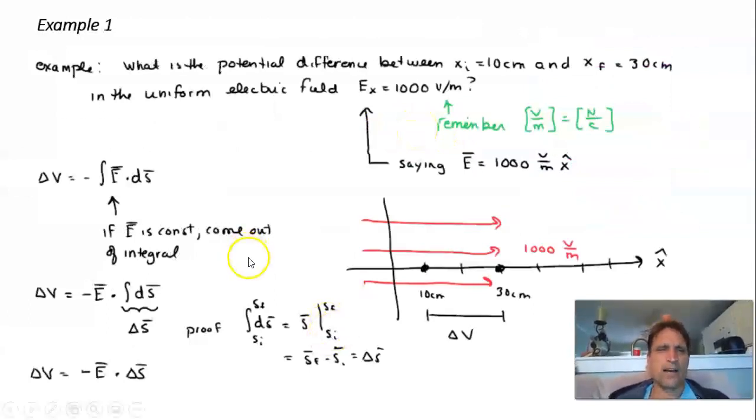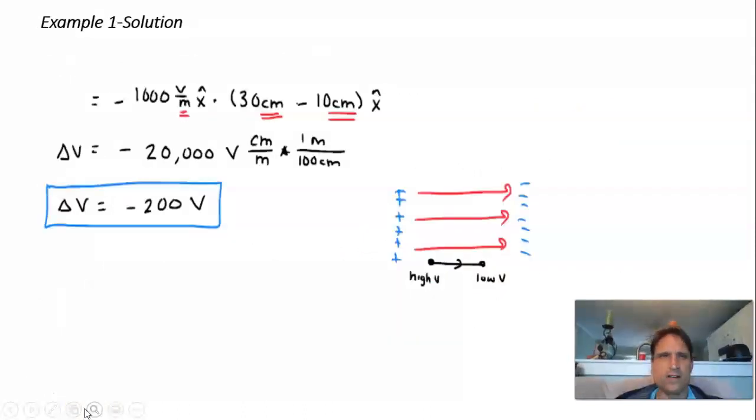We plug that back in and we get the same integral here. It's just the electric field times the displacement, delta s, with a negative in front.